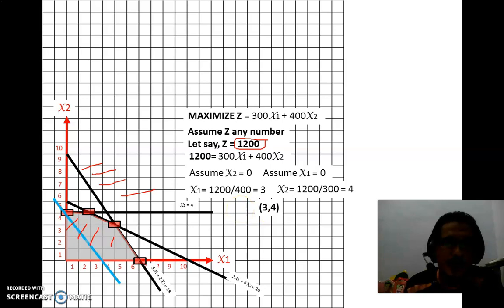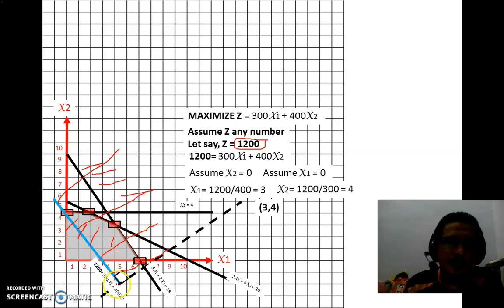We draw one line for that. Since this is a maximum solution, we must move the line in the positive direction and find the last point of the Z value.